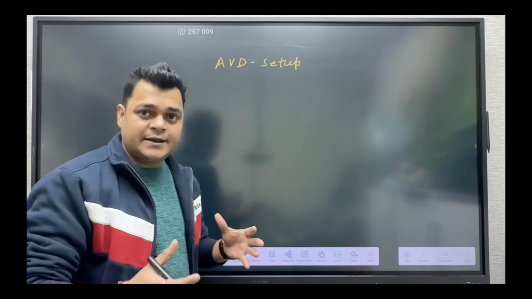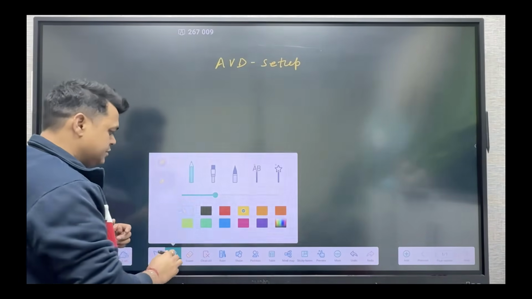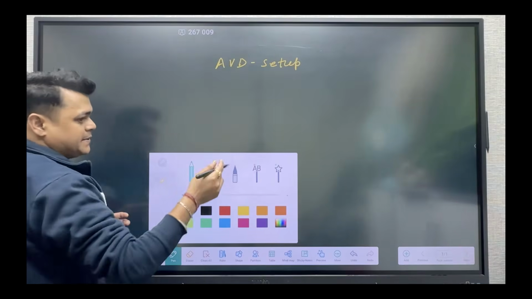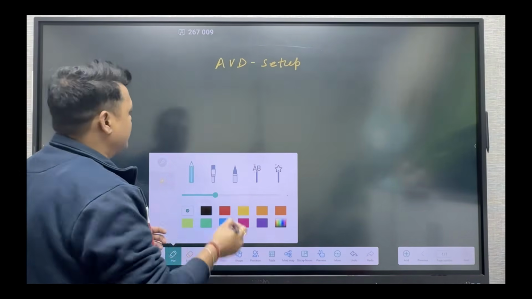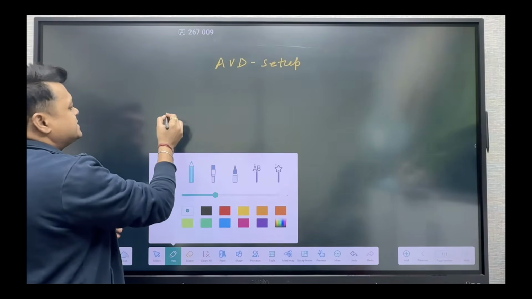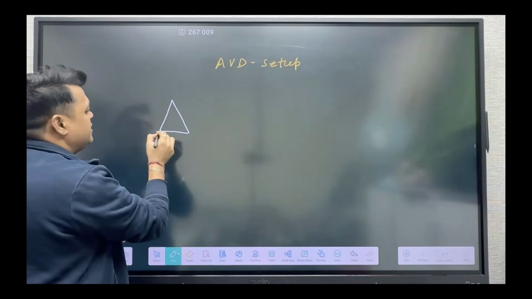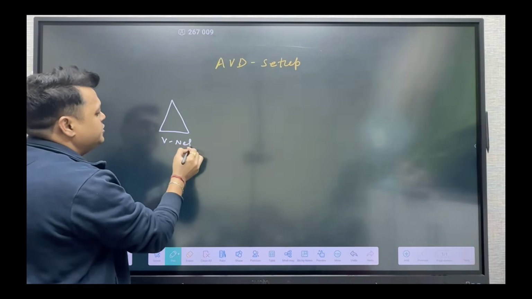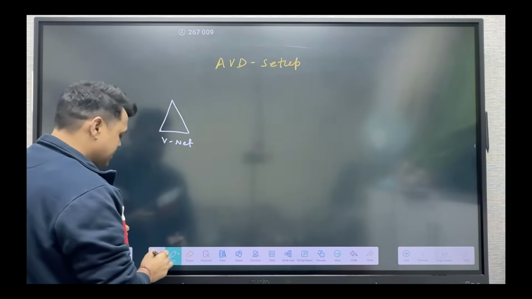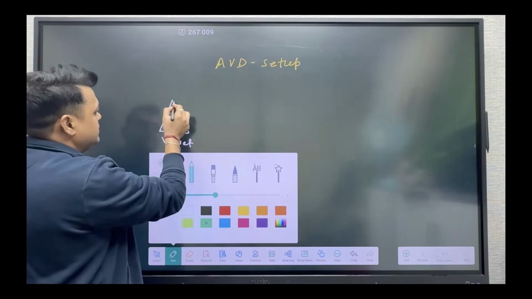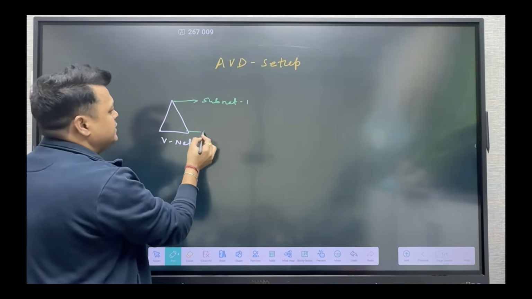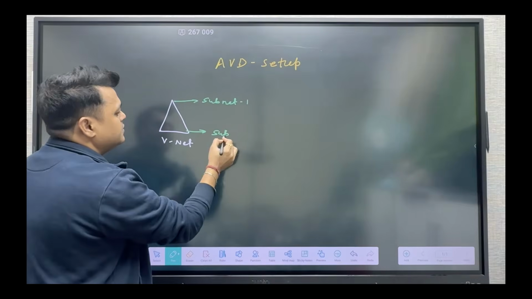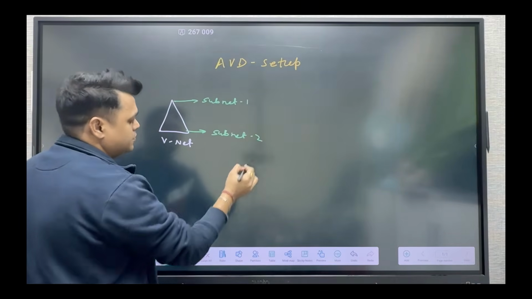So let me show you the graphical diagram of our Azure Virtual Desktop. Let's take an example. This is our VNet, the Azure Virtual Network that you establish, and the VNet should connect with a minimum of subnet 1 and subnet 2, right?